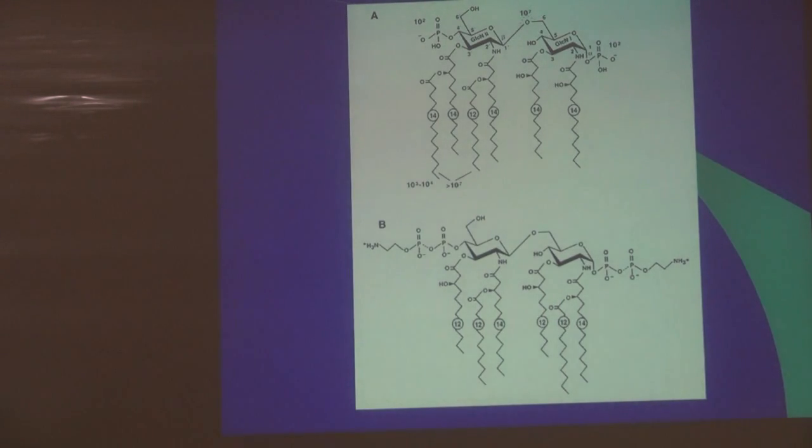When you compare the structure of lipid A of Coxiella burnetii with lipid A structures of highly endotoxic gram-negative bacteria, here from Escherichia coli and Salmonella typhimurium, you see at first glance a huge difference. Here you have 6 acyl chains, we have only 4. This is an asymmetrical structure, and we have a symmetrical structure.